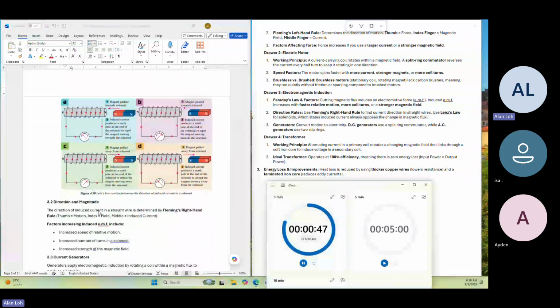The 3.2, we'll do it later, in another timeline. Okay, 10 more seconds.